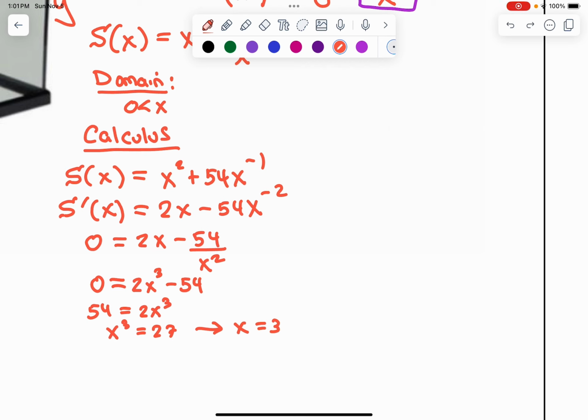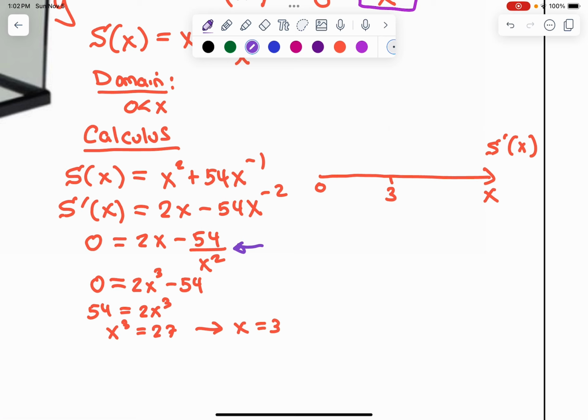Let's go examine that we have a min. So I'm just going to create a number line that starts at 0. So a critical point at x equals 3. Let's go back to our derivative here. If we plug into this version here a number like, how about, I don't know, 10.